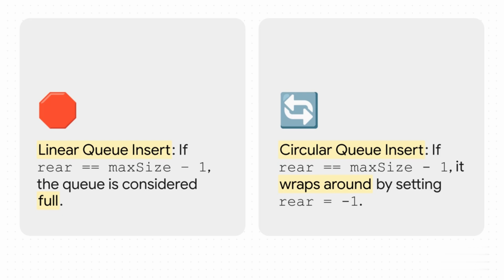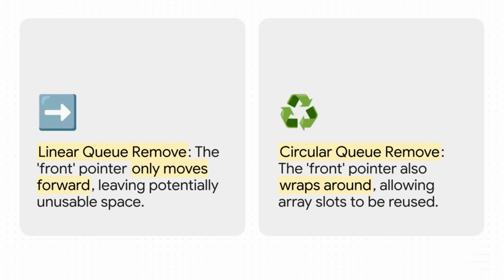It is a tiny change in logic with a huge impact on efficiency. And guess what? The same wraparound logic applies when we remove items. The front pointer also loops back to the start after it reaches the end. This one simple trick lets us continuously use and reuse every single slot in our container, which completely eliminates that wasted space problem.